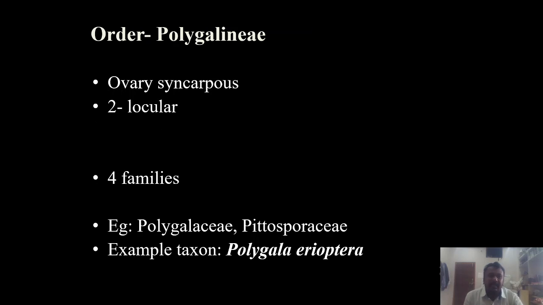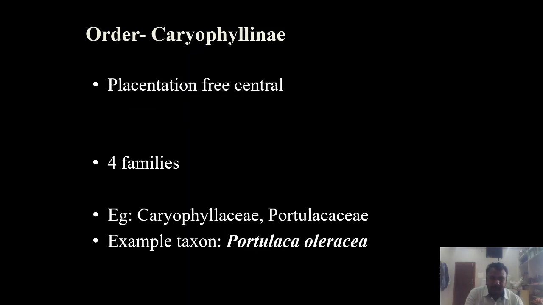Under Polygalinae, the major character is ovary syncarpous and 2 locular, whereas in Parietales it is only unilocular. Here it is 2 locular. Only 4 families were recognized in this order. One is Polygalaceae and another is Malpighiaceae. Example: Polygala. Order Caryophyllinae.